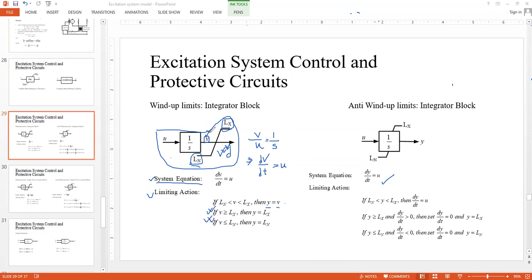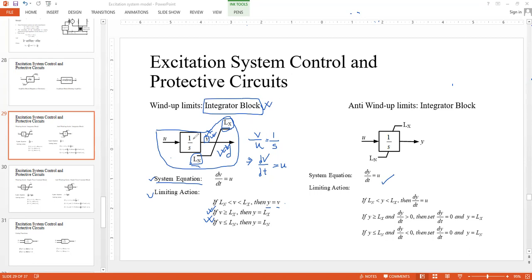So you can allow any value, high or low, at the output terminal of the integrator for this V. But these blocks are representations of some physical phenomena, let's say some amplifier block, or some integrator block, or some actuator, or some actuation block.